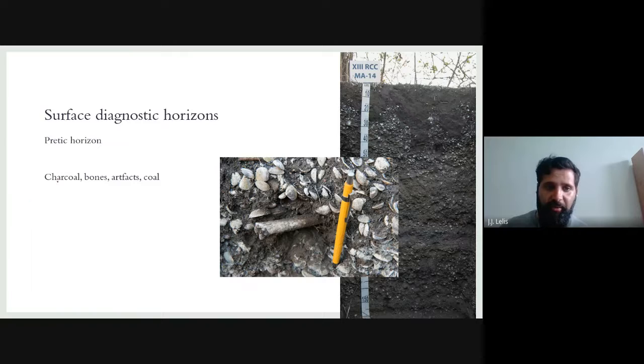It's a very important horizon for the identification of anthrosols. We'll discuss them later in the next classes. Of course, all these surface diagnostic horizons that we are discussing are quite related to the anthrosols.